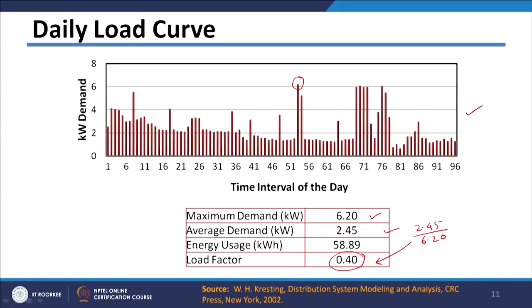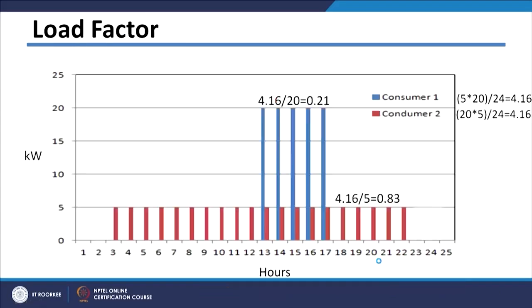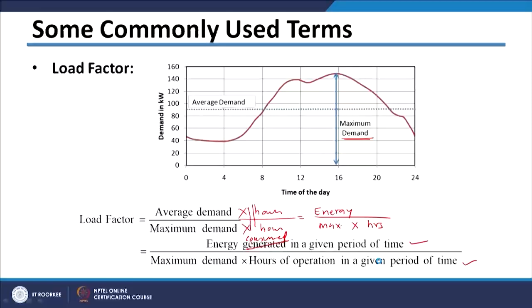Now we will see the importance of load factor, why it is important from the utility point of view. Basically, the load factor will always be less than 1. If you see this equation here, the maximum demand will always be more than the average demand, and because of this the load factor will be between 0 and 1, and from the utility point of view it should be near to unity.